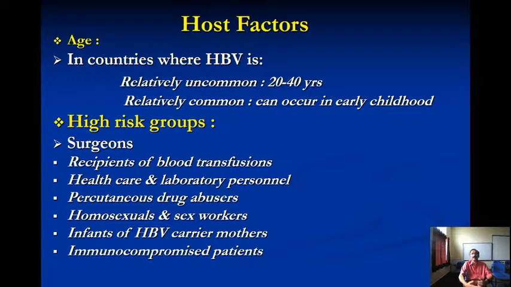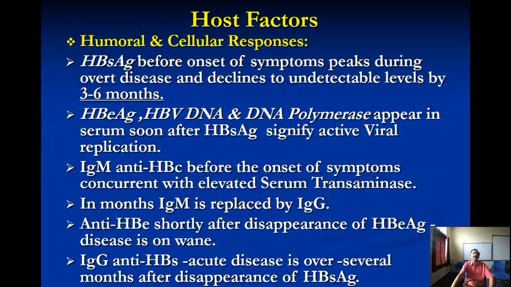Others are recipients of blood transfusions, personnel dealing with blood, healthcare professionals, laboratory personnel, percutaneous and IV drug abusers, homosexuals, sex workers with unprotected sex, people who have multiple partners, infants of hepatitis B virus carrier mothers, or immunocompromised patients. All these people are the high risk group.